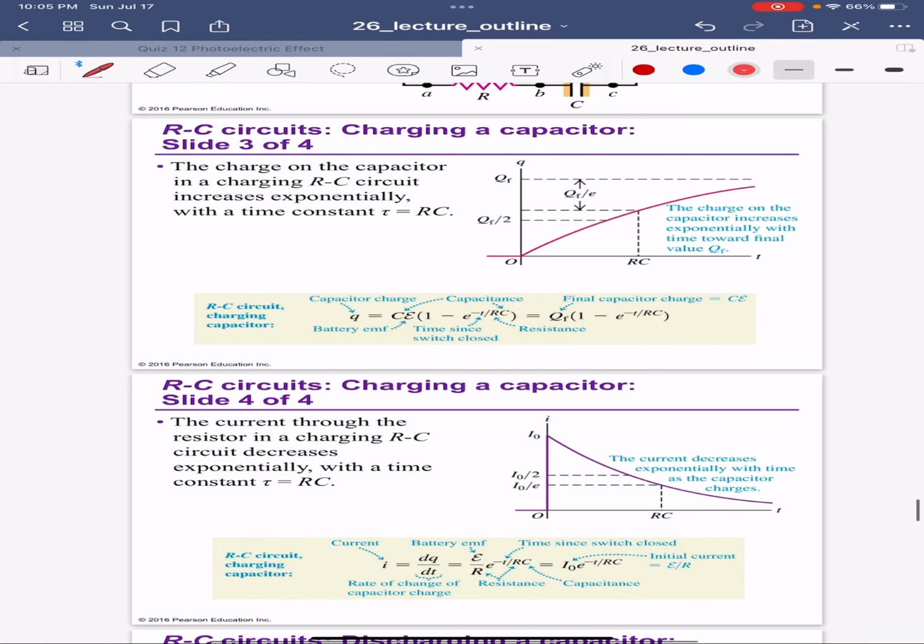Also, after we disconnect, we can have the discharge.